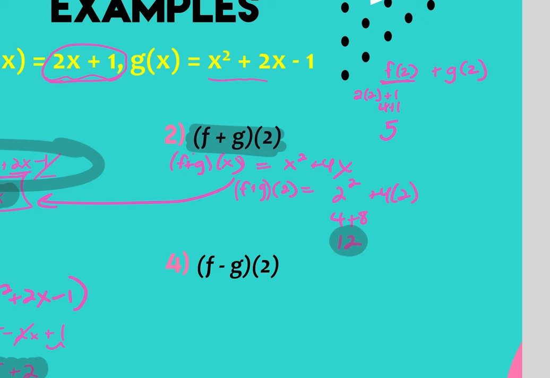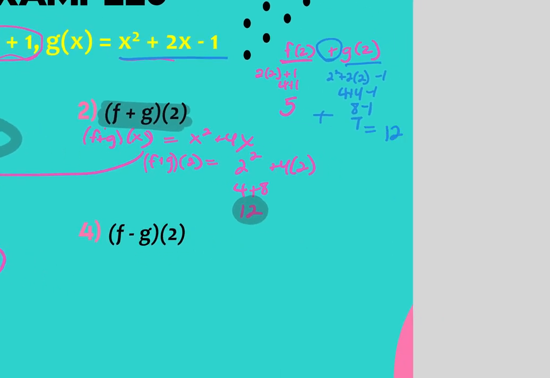And then I'm going to find g of 2. So I'm going to take the g and plug in the 2. 2 squared plus 2 times 2 minus 1. 4 plus 4 minus 1, 8 minus 1, which is 7. And then because it was addition, I add the 5 and the 7 to get the 12.